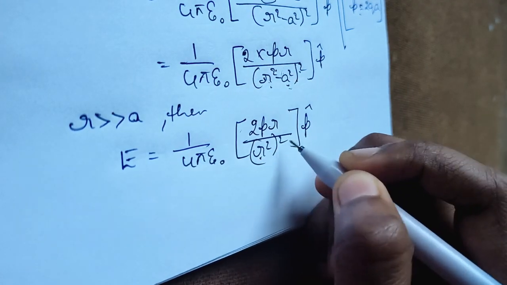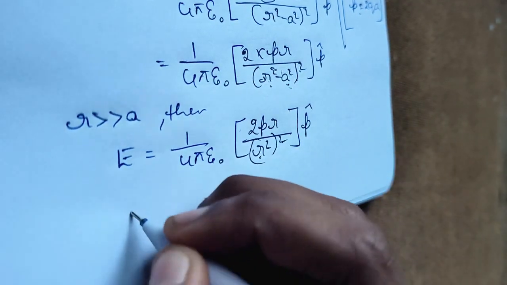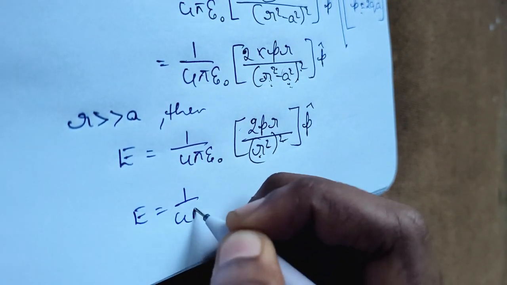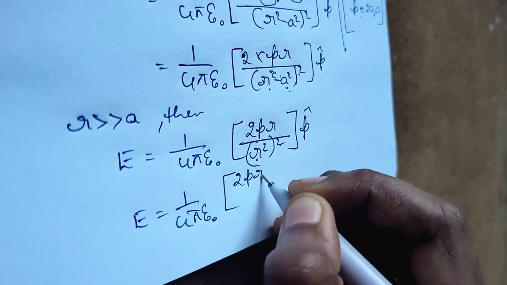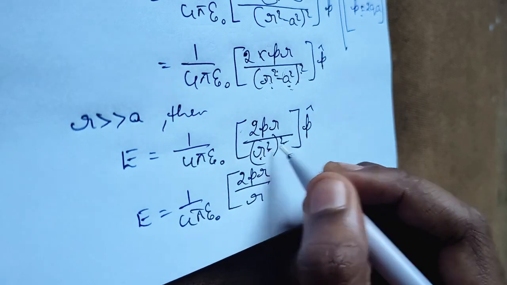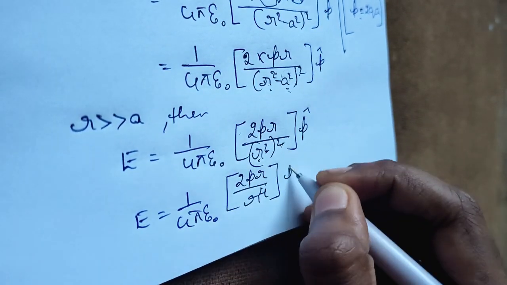Then (r square) whole square, 2 into 2 is 4. We can simplify: 1 by 4 pi epsilon naught into 2pr divided by r to the power 2 into 2 is 4, into p cap.